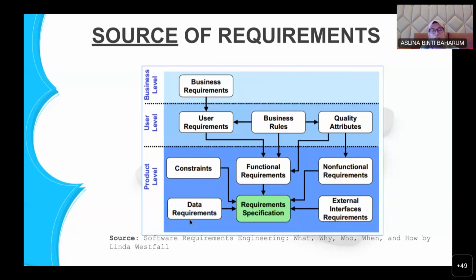The product level also includes data requirements and external interfaces. Easy to remember: 1, 3, 5.